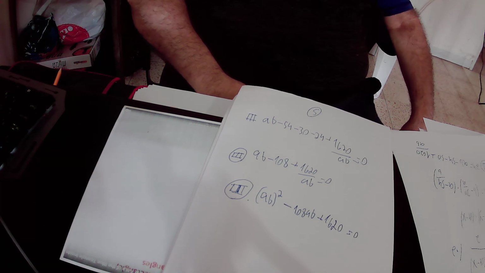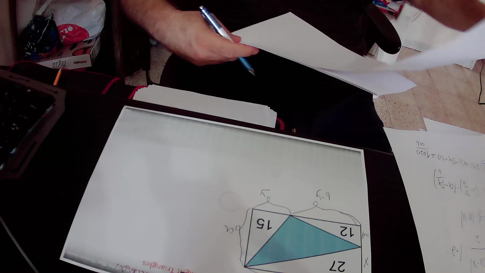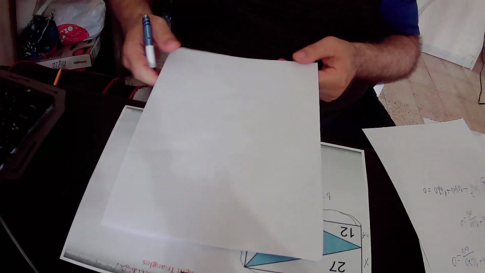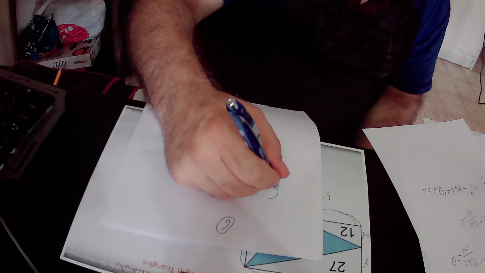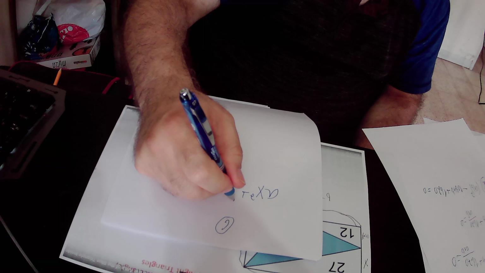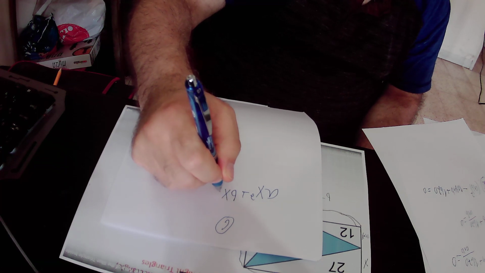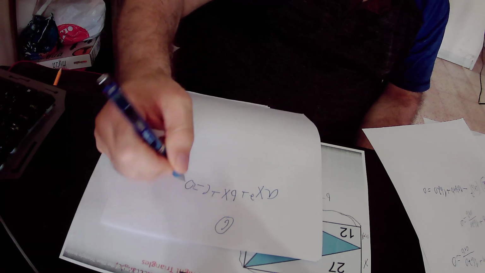and actually the general form of a quadratic equation is ax squared plus bx plus c equals to 0.